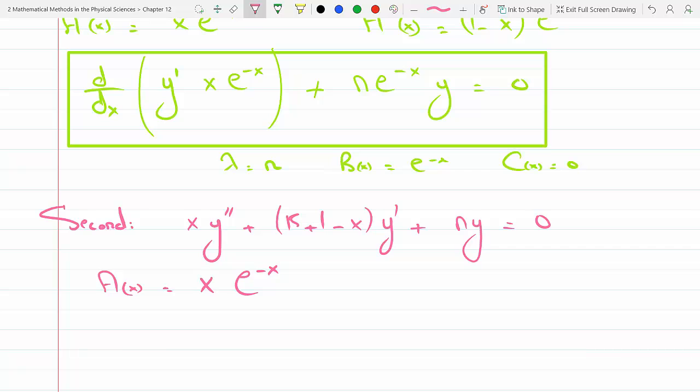So that means the x has to have a power of k plus 1 such that when I differentiate it, I will get k plus 1 x to the k e to the minus x, right? Because when I differentiate this a of x, let me show you, I will get k plus 1 x to the k e to the minus x, product rule, plus or minus, because there's a minus sign, x to the k plus 1 e to the minus x.